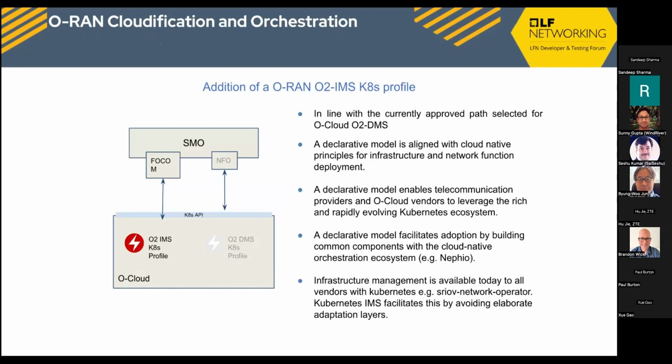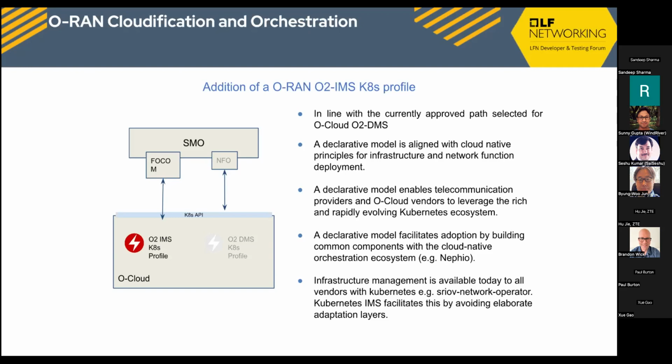In O2 IMS, the standard profile or the standard Kubernetes API is getting defined, which is in line with the O-Cloud DMS, and that brings in a declarative model, or declarative design, for infrastructure management. With a declarative infrastructure management layer, we can leverage the Kubernetes ecosystem, which is rapidly evolving.